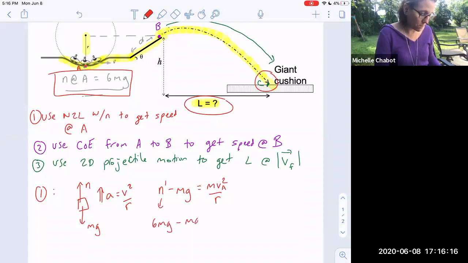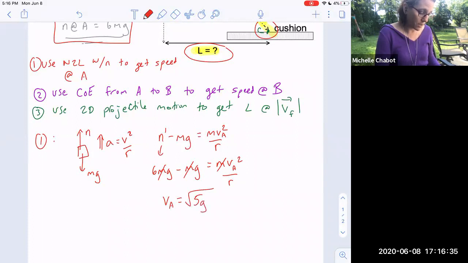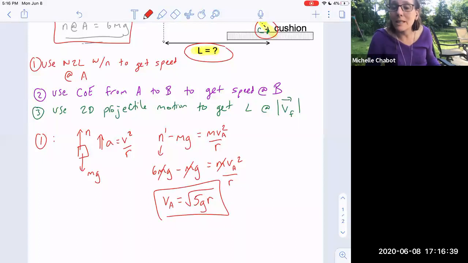So 6 mg minus mg equals m v_A squared over r. So what that's going to allow us to do is cancel out our m's. We end up with 5gr. So the speed at A is equal to the square root of 5gr. I'm going to box this as an intermediate step.